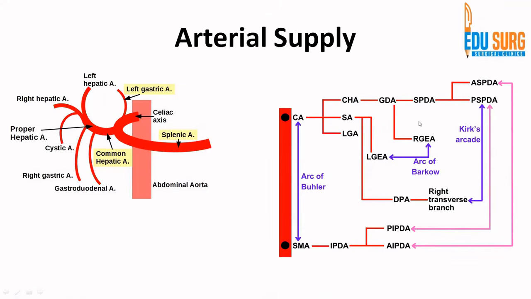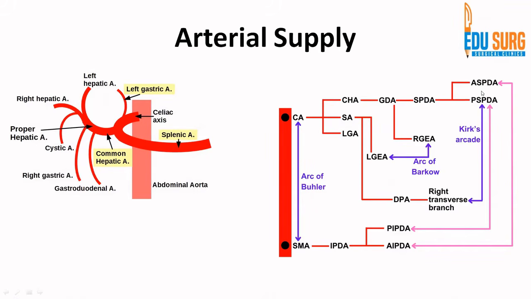And these two vessels, the inferior and the superior pancreaticoduodenal artery, divide into anterior and posterior branches, you can see here, and they form the arcades, which are the anterior and the posterior, inferior and superior pancreaticoduodenal artery arcades.